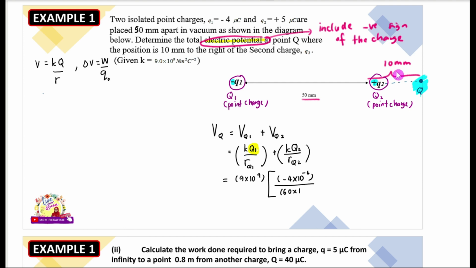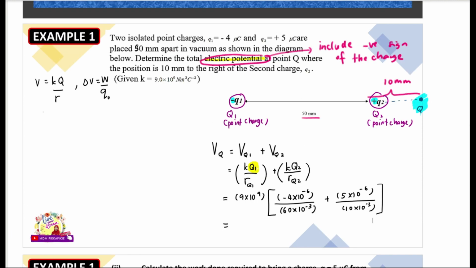Then plus Q2, where Q2 is equal to 5 microcoulomb over the distance between point Q and charge 2, which is 10 millimeter. So potential is KQ over R, and the final answer is equal to, you try to calculate.